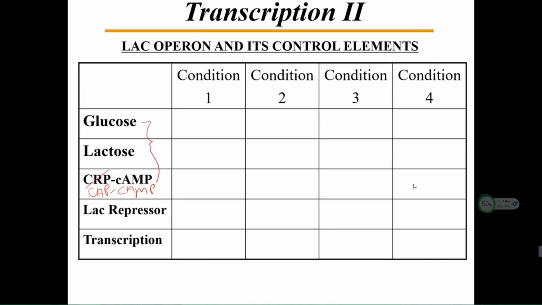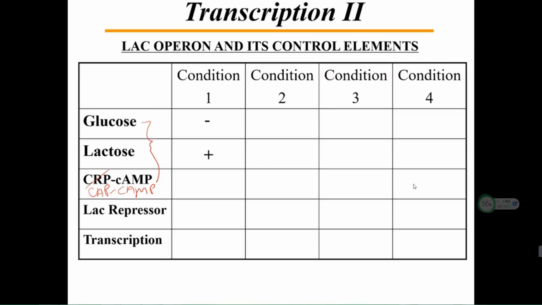Okay, so let's look at experimental condition number 1. We are going to put our E. coli in some media that has lactose but no glucose. Okay, so we don't have the catabolite yet. Think about, is the CAP protein bound to cyclic AMP at this point, and we know it is because no glucose is there, so we have high levels of cyclic AMP.